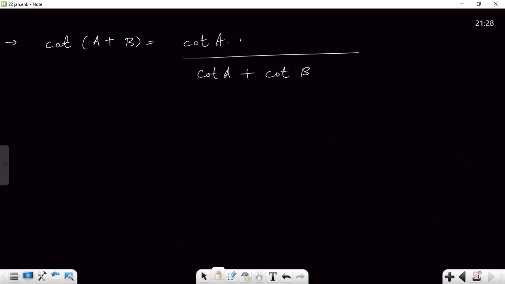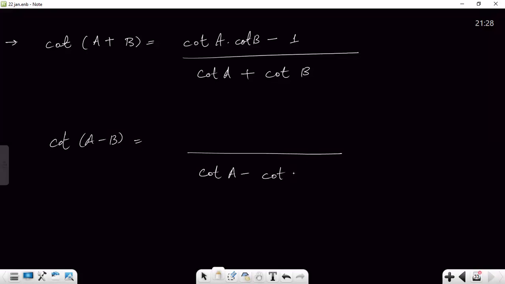Cot (A minus B) will be cot A into cot B plus 1 divided by cot B minus cot A. These formulas are important because students often ignore them. That's where UPSC is interested.